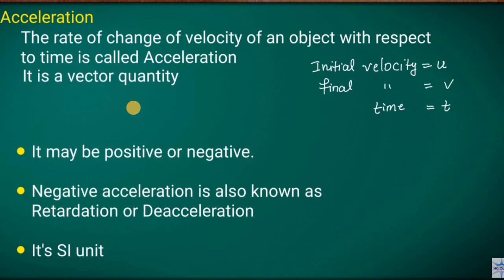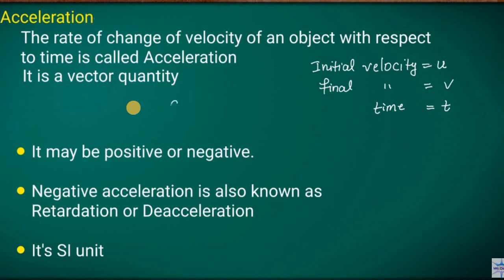The rate of change of velocity of an object with respect to time is called the acceleration. How does the change of velocity occur? We have to consider the initial velocity, means the starting velocity, and the final velocity, and how much time is required.